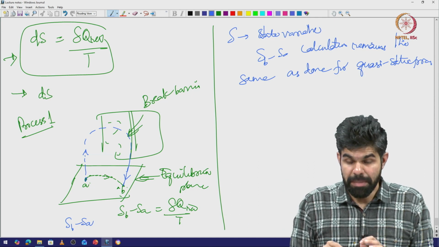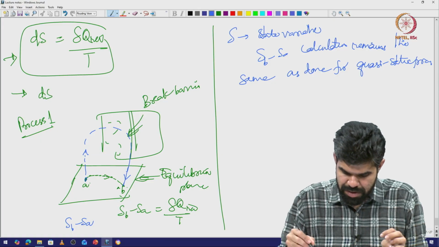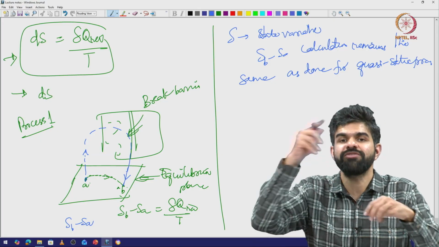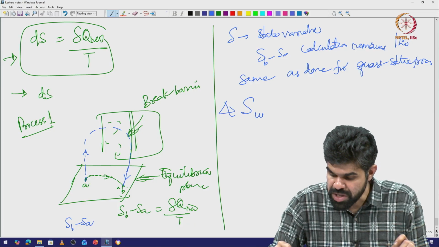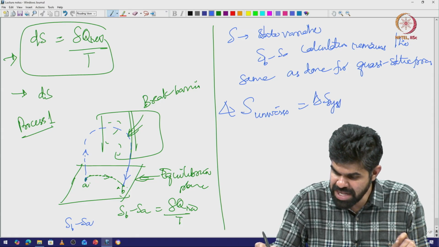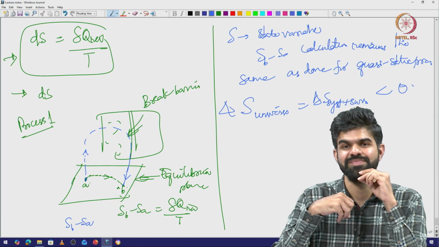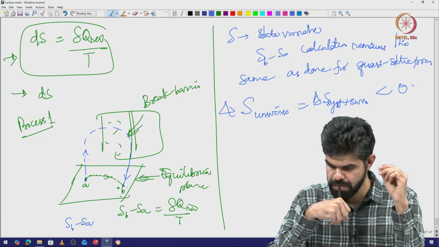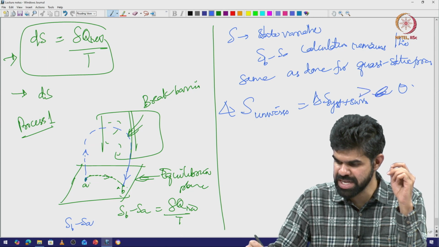But in this case, when I am doing this out of equilibrium plane thing, I look at the entropy of the universe, which is the entropy of system plus surrounding. Oh sorry, the entropy increases, that is greater than 0.